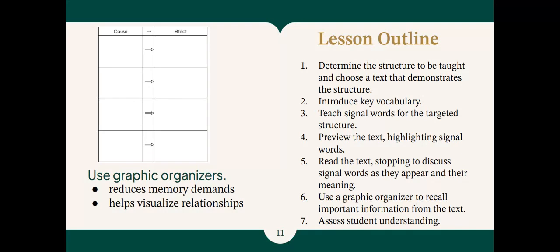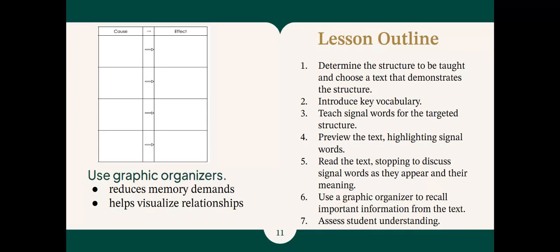Step 4, preview the text, highlighting the signal words. Step 5, read the text, stopping to discuss signal words as they appear and their meaning. So for example, when they see the word issue, what structure is that signaling?